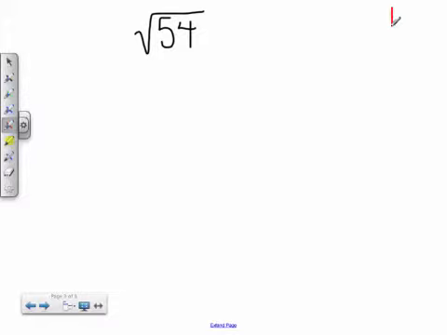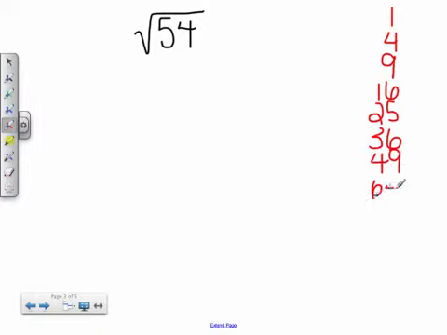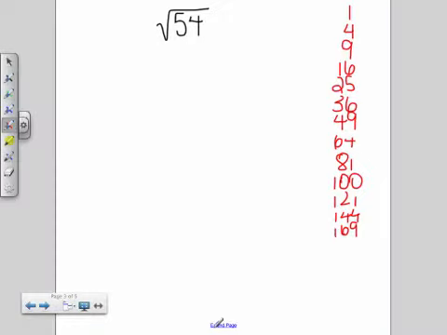So 1 squared is 1, 2 squared is 4, 9, 16, 25, 6 squared is 36, 7 squared is 49, 8 squared is 64, 9 squared is 81, 10 squared is 100, 11 squared is 121, 12 squared is 144, 13 squared is 169, 14 squared is 196, and 15 squared is 225.